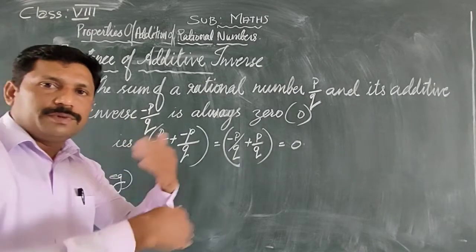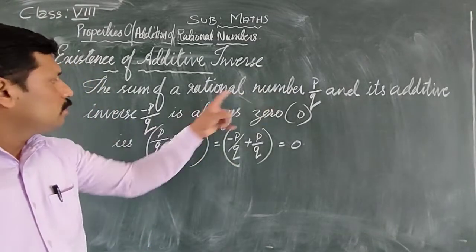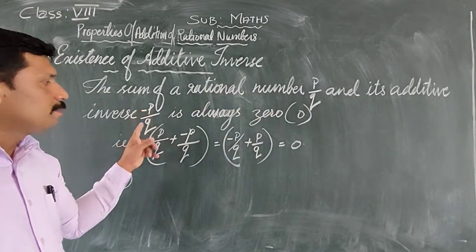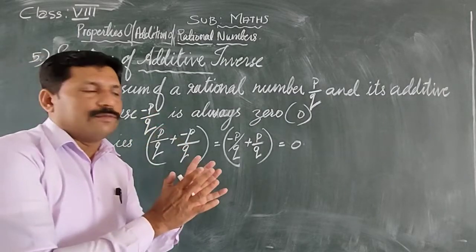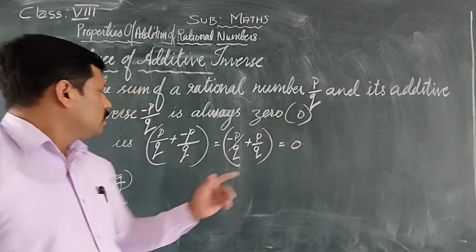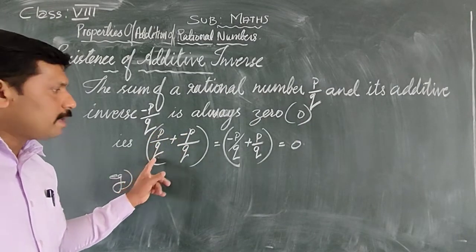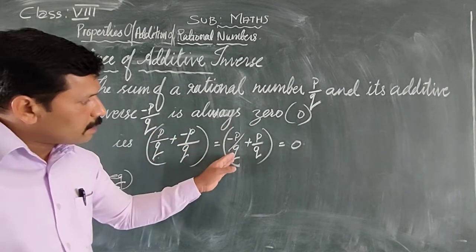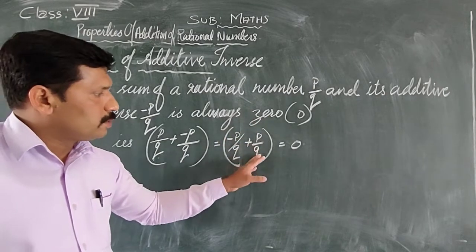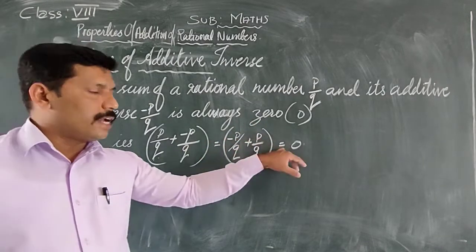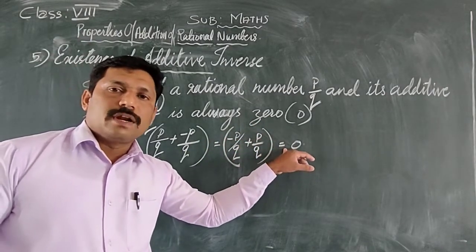Additive inverse means we just change the sign. So the additive inverse of p upon q is negative p upon q, and their sum will always be 0. For example, p upon q plus negative p upon q: a rational number and its additive inverse. The additive inverse of a negative rational number is a positive rational number. If both are added, the answer will be 0.